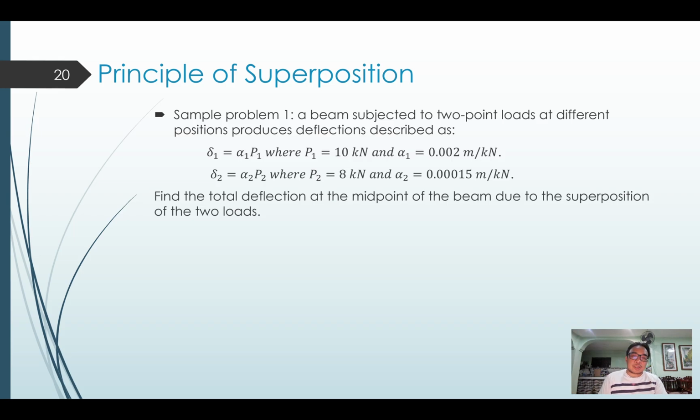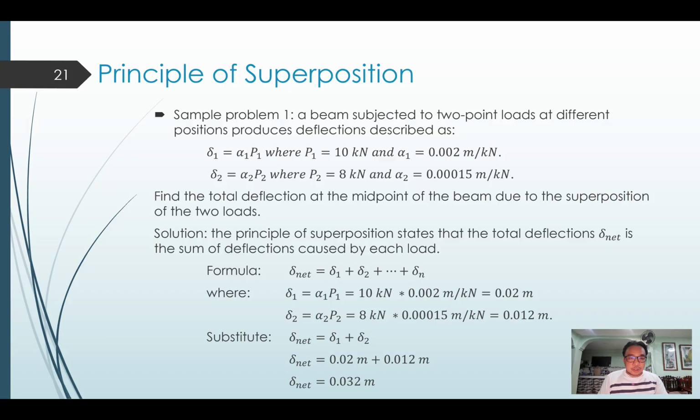We will find the total deflection at the midpoint of the beam due to the superposition of the two loads. The solution: the principle of superposition states that the total deflection, delta net, is the sum of the deflection caused by each load.